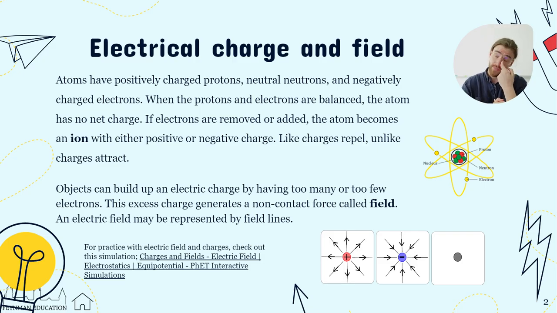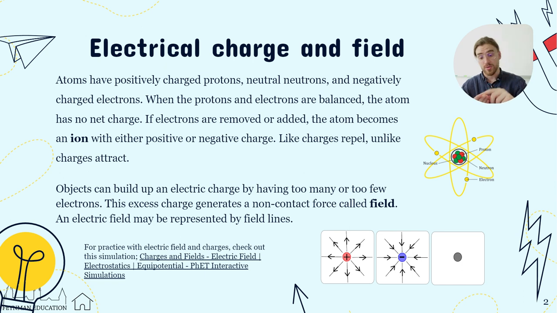But if that atom were to lose or gain electrons, it becomes charged and we call it an ion. You get positively charged ions when it has lost an electron because there are more positive protons, and we get negatively charged ions when they have gained an electron and there are more electrons than there are protons.